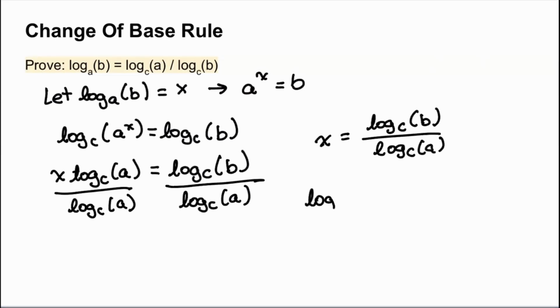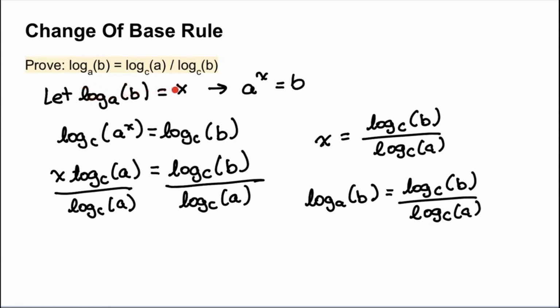X was originally log base A of B. And now we're just going to copy down what we had here, because that side of the equation doesn't change. And this is the exact same statement that we have up here. Oh, excuse me, this should actually be swapped. I apologize for that, but it does come out to be this answer.